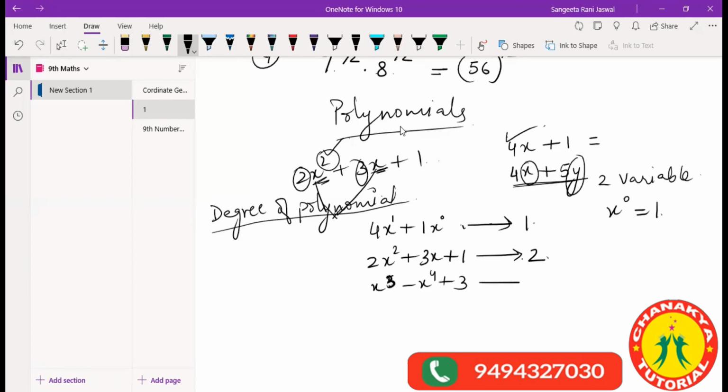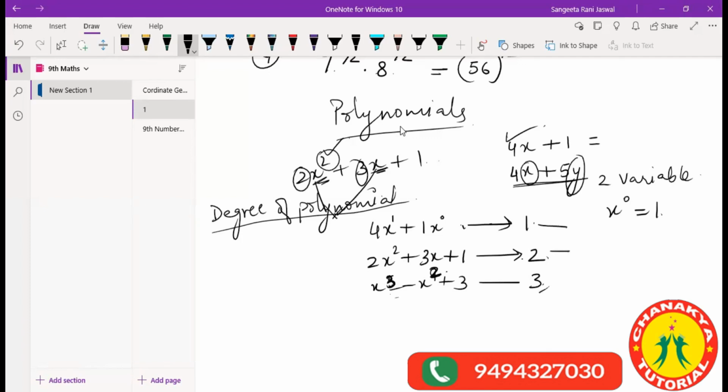Let's take it 3. So the highest power is now here, what? Ma'am, 3. So जिसका भी degree 3 होता है, we call that a cubic polynomial. So the highest degree is 1 in the first, 2 in the second, and 3 in this equation.